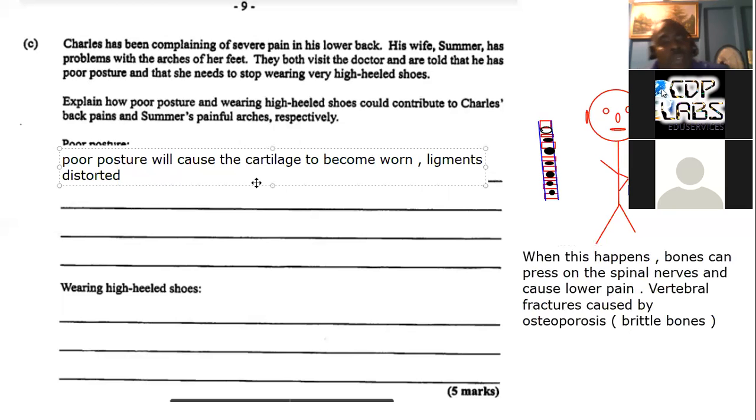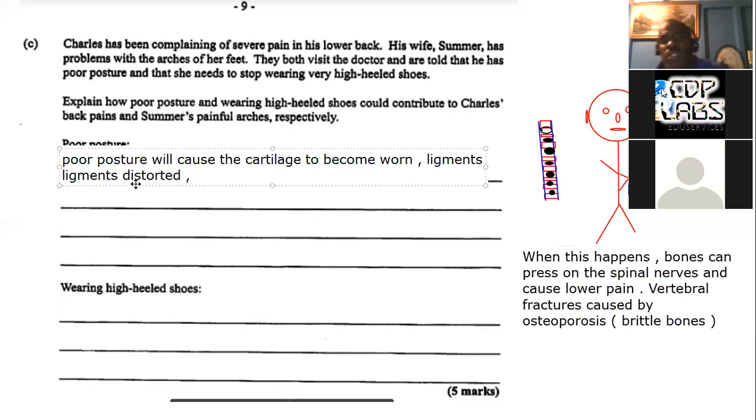So when the cartilage becomes worn, what is going to happen? The painful condition. What is the cartilage? When the cartilage becomes worn, it starts decreasing, disappearing. Good. So the bones are going to start rubbing together.